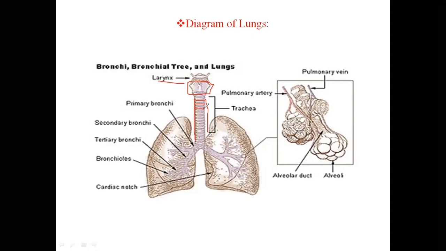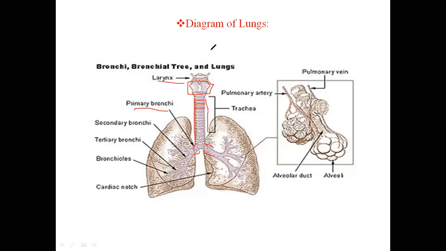So this windpipe, after reaching in the thoracic cage properly, at the end it bifurcates. So this bifurcation of trachea will occur, and the very first bifurcation of the trachea is called as primary bronchi.